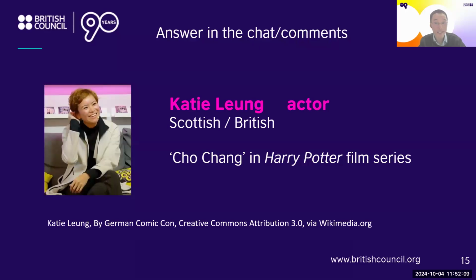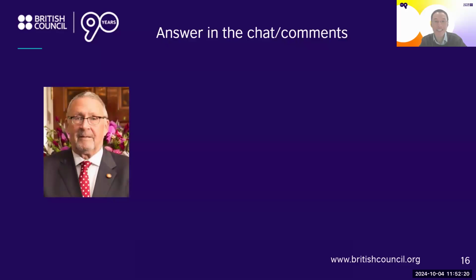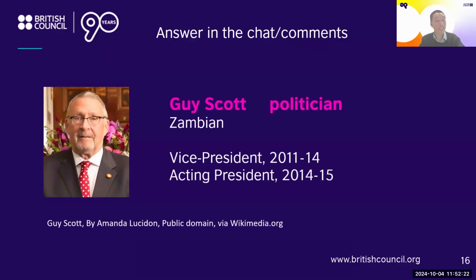Person C is an actor from Scotland. I think Melissa may know this person. Finally, person D is a politician. So some of you made the right guess. He's from Zambia. Did you get any surprises?